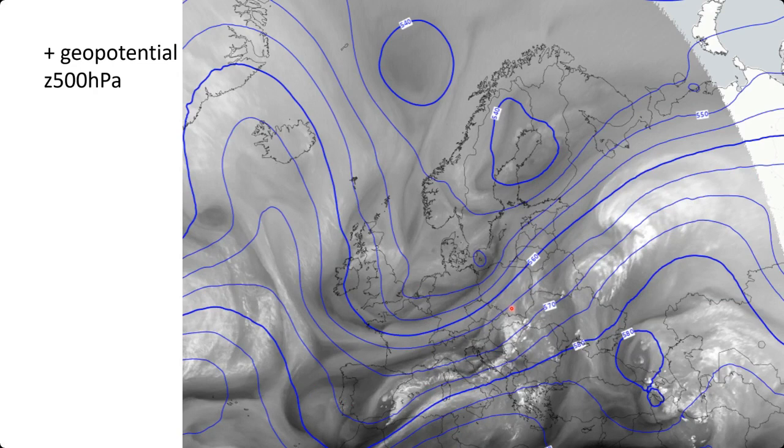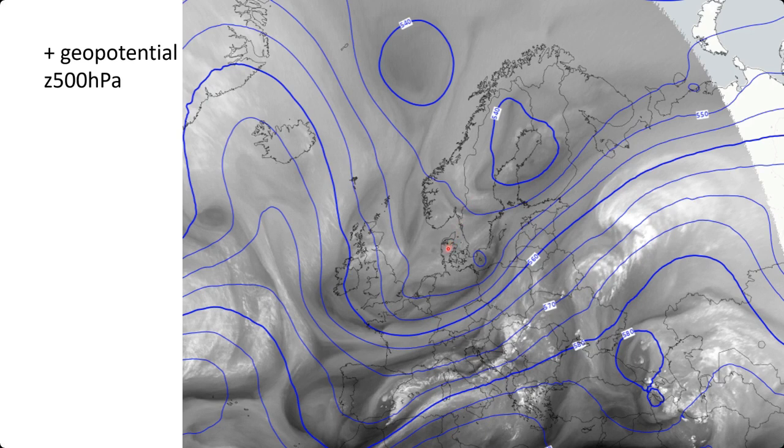And now the next image is the same water vapor image still, but now the geopotential height of 500 hectopascal is drawn as well. And we have an upper low over Scandinavia or Fennoscandia, with a strong trough extending from Central Europe towards Spain.